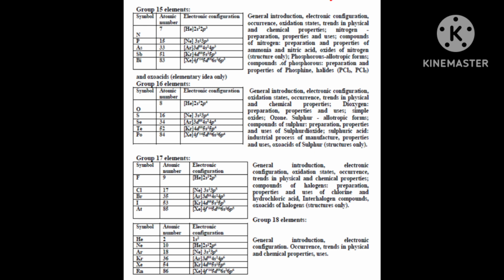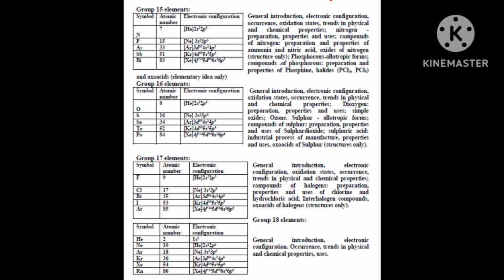Nitrate ion, NO3 1 minus, has 3 coordination with a pi bond involving one nitrogen p orbital, and phosphate has 4 coordination number.